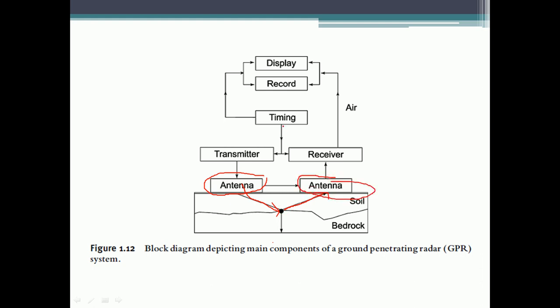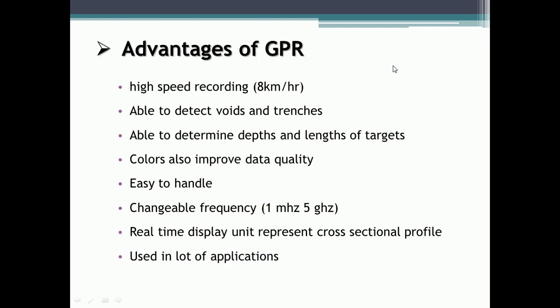The time is recorded here, and if you are using an air-mounted antenna or ground-mounted antenna, that will directly give the images on the display, and the entire thing is recorded. So this block diagram shows the actual process of the GPR method.